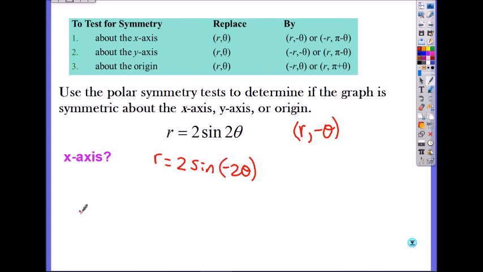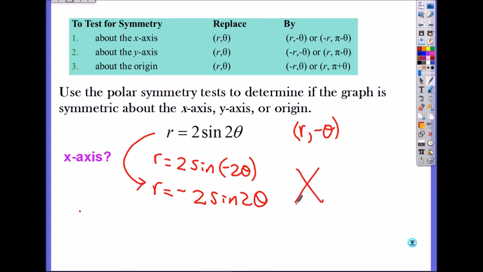Okay? So r equals 2 times sine of negative 2 theta becomes what? Negative 2 sine of 2 theta. Is there anything else we can do? No. So are these two identical? No. So the first one did not work.